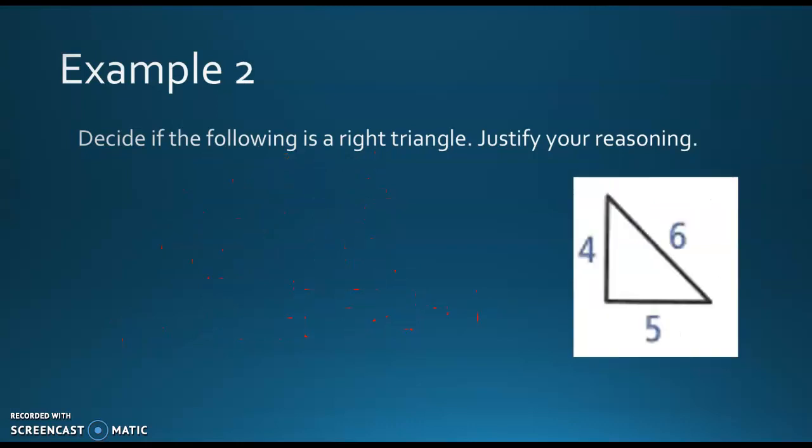All right, let's go to example 2, but that's how simple your justifications would be. Decide if the following is a right triangle. Justify your reasoning. So 4, 5, 6. 6 is our largest, so that's c. We plug in a squared plus b squared question mark c squared: 4 squared plus 5 squared question mark 6 squared. 4 squared is 16. 5 squared is 25. 6 squared is 36.